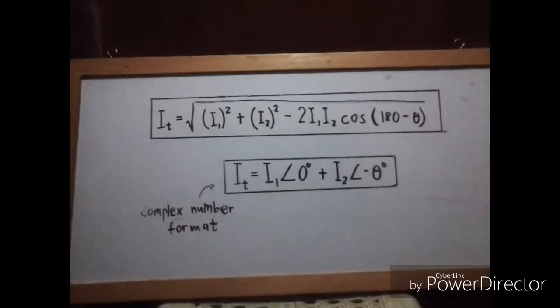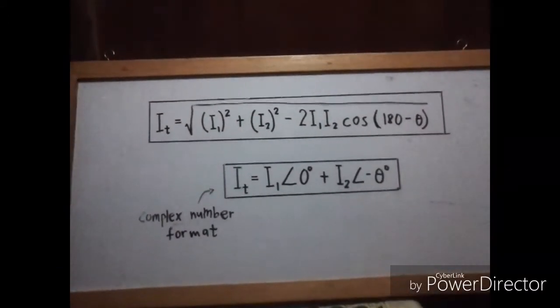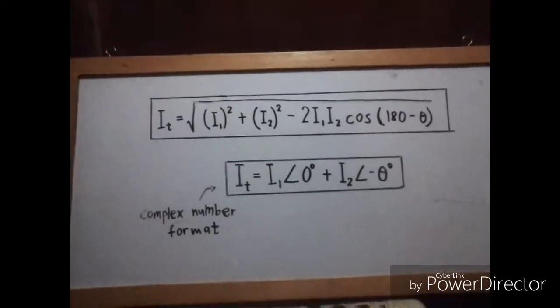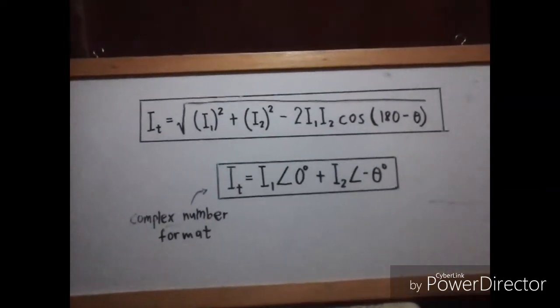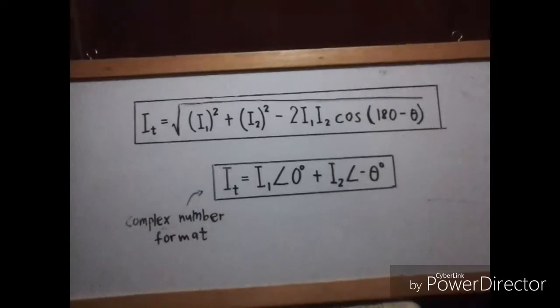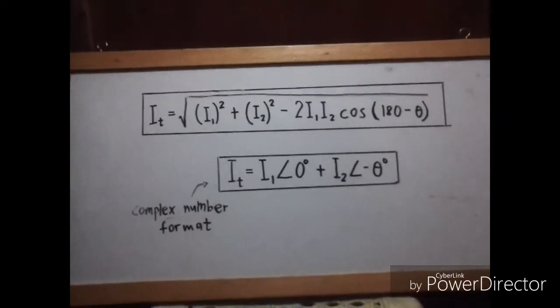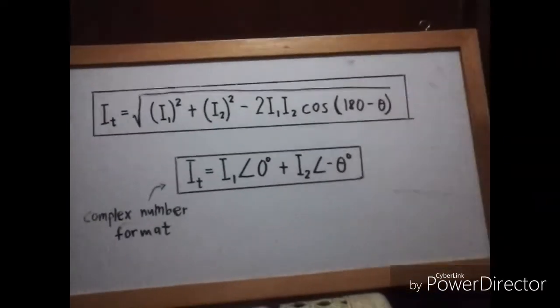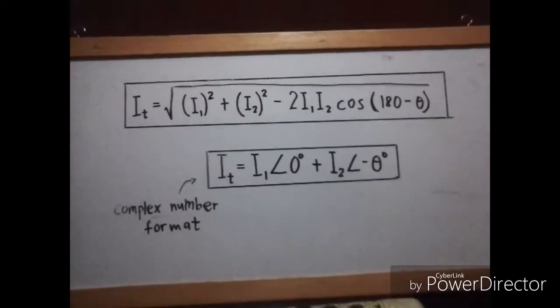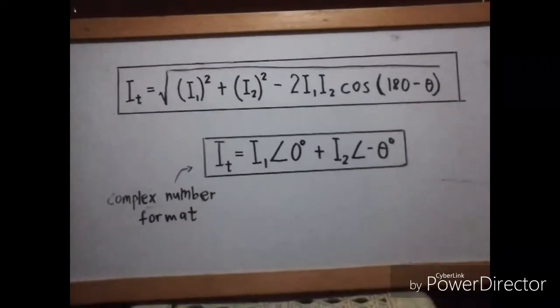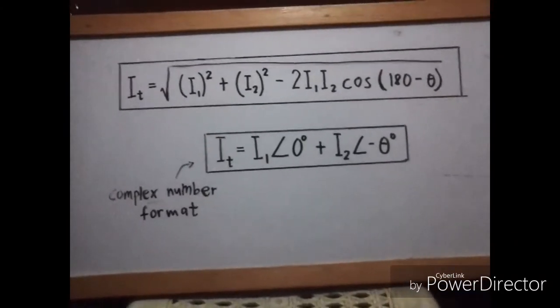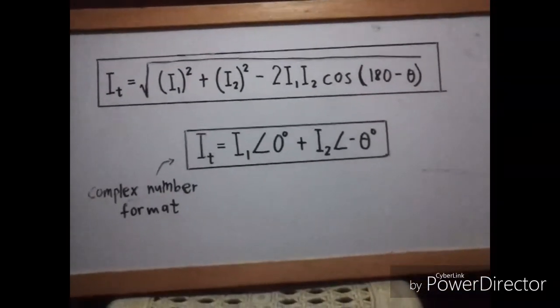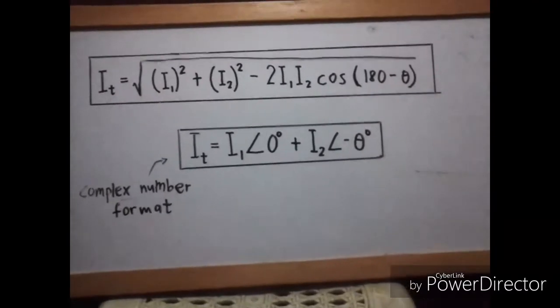In order to emphasize, I rewrite the formula for the resultant wave of the two sinusoids that are out of phase by an acute angle, together with its complex number format in the bottom.